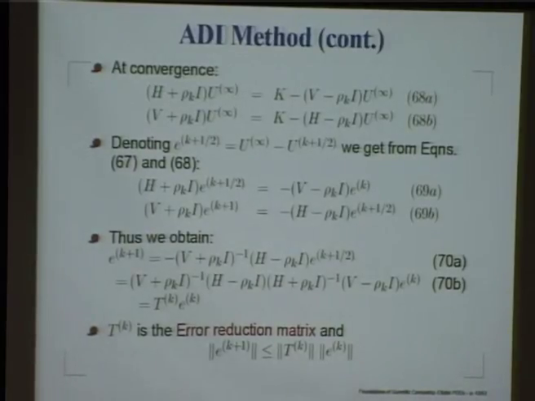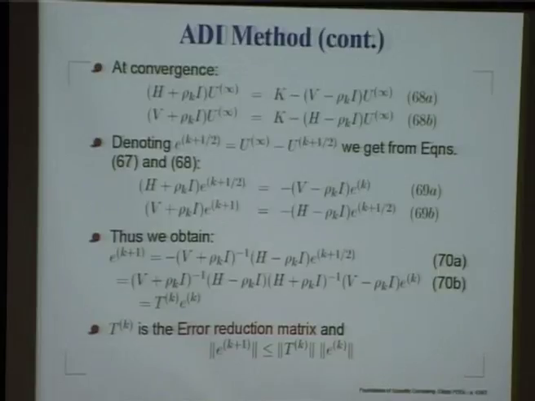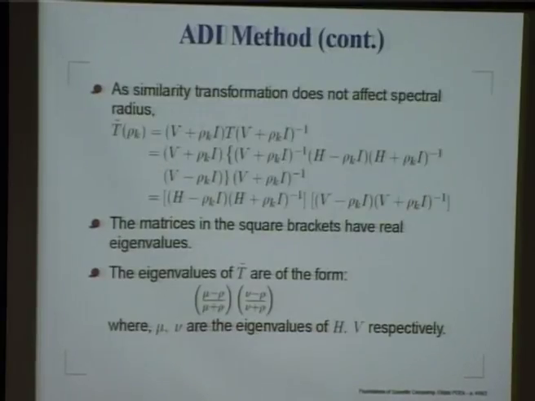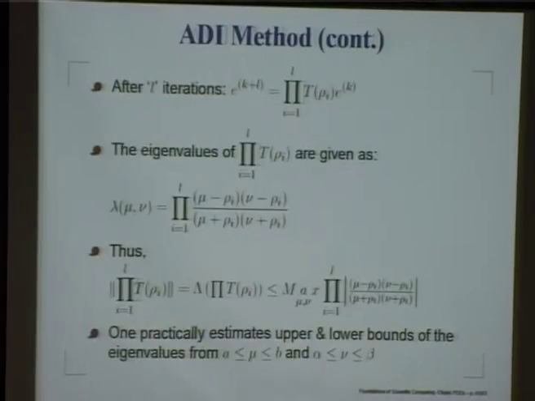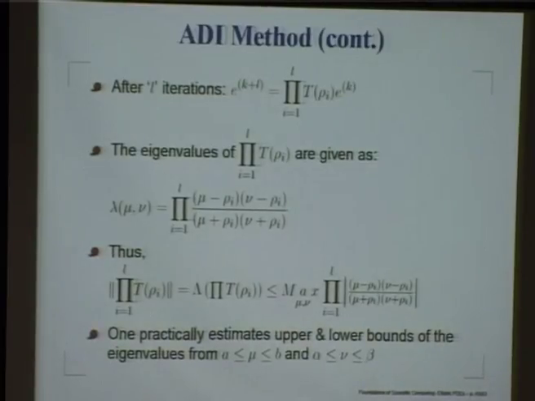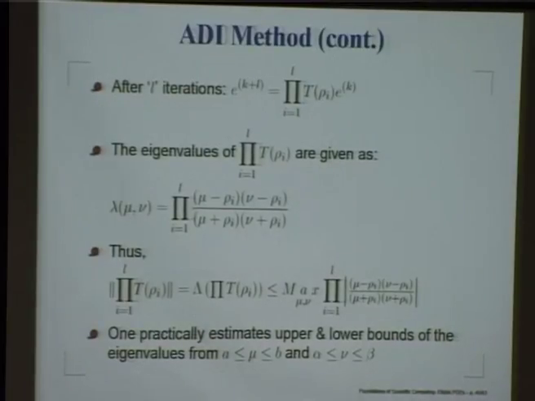So, this shows a nice convergent iteration. So, in doing that, what we need to do is of course find out the eigenvalues of H and V matrix, and we have to also find out what this rho is, that acceleration parameter that we talked about.